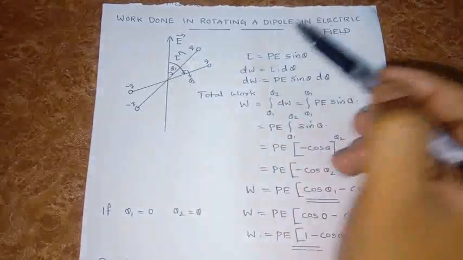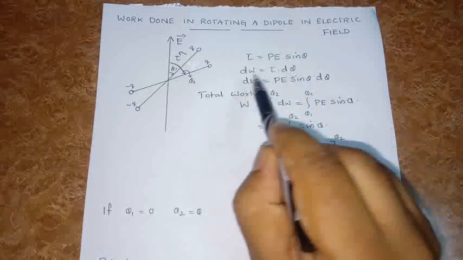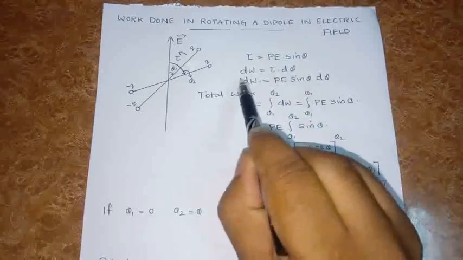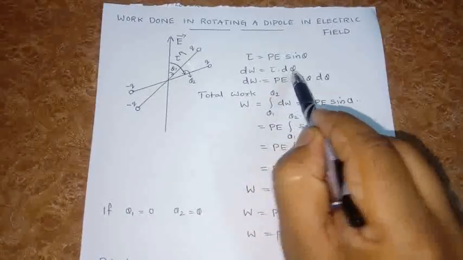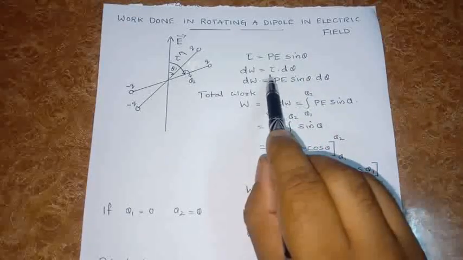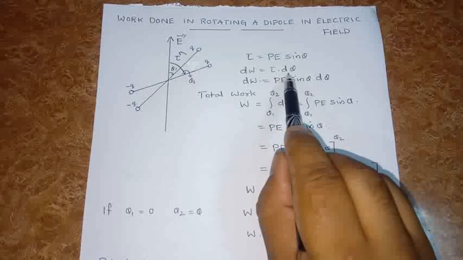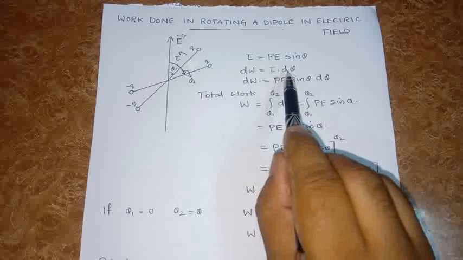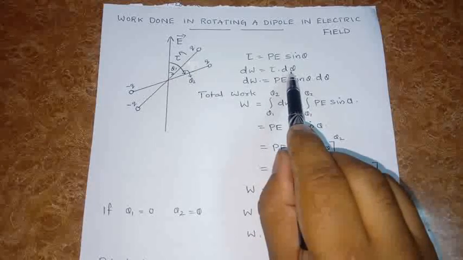In between, let d theta be a very small angle turned. Then the small amount of work done to turn the dipole through an angle d theta is given by dW is equal to tau into d theta. This equation is similar to work done is equal to force into distance. The torque is the rotational analog of force, and d theta is the rotational analog of linear displacement.